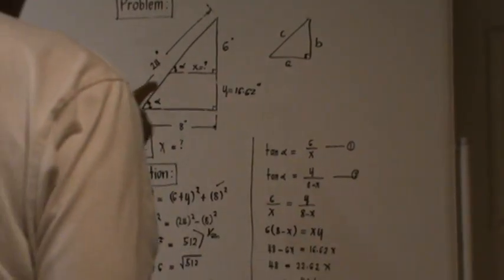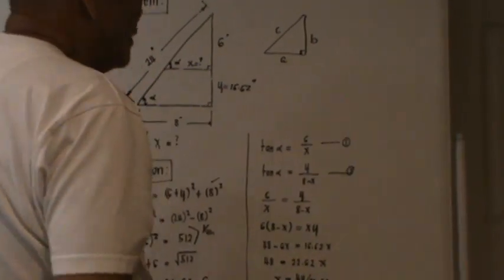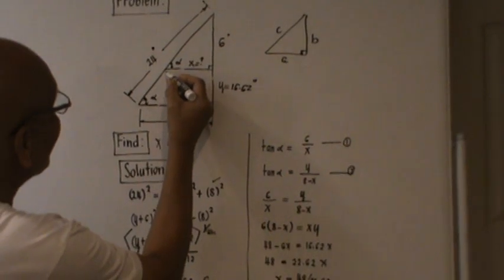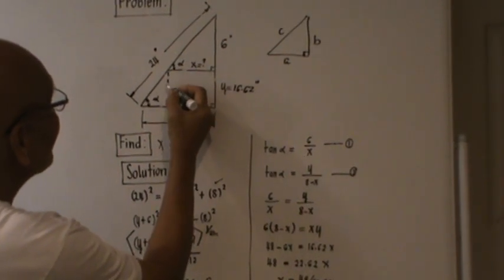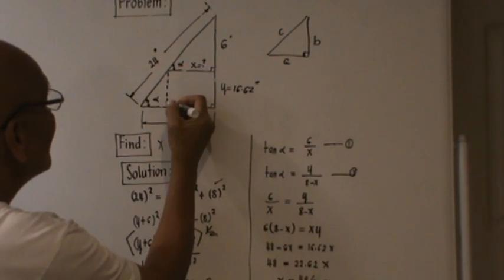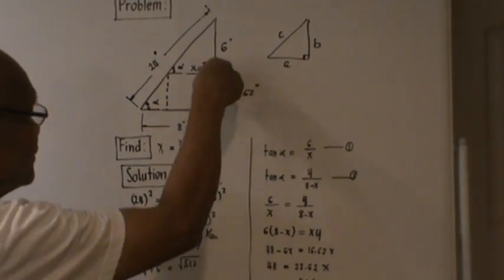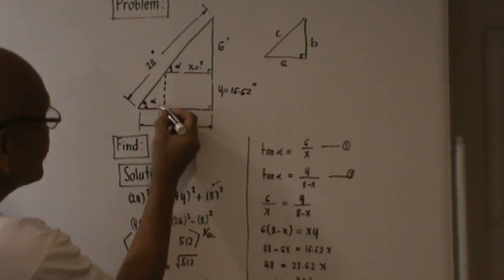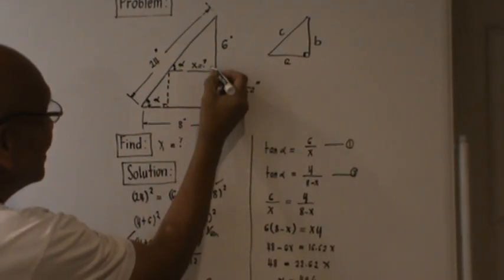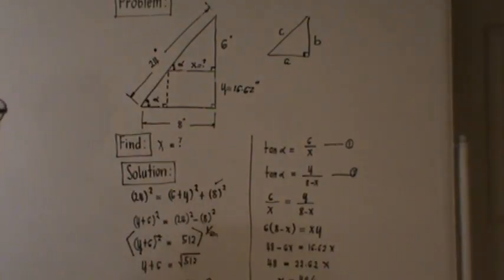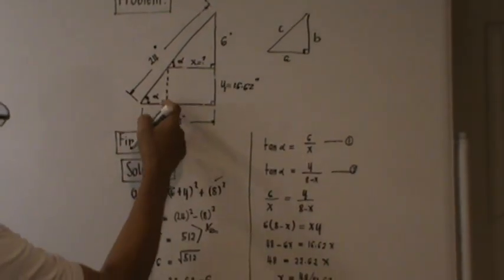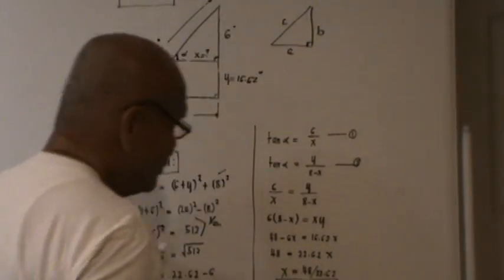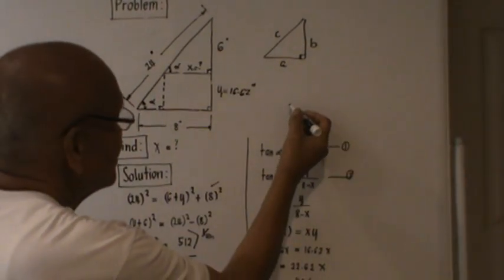So to compute for the value of x, we'll drop a vertical line here. Vertical line meaning this is a vertical line, this is a vertical line. So this angle here should be 90 degrees and this should also be 90 degrees. So if we drop a vertical line here, we could redraw two right triangles.